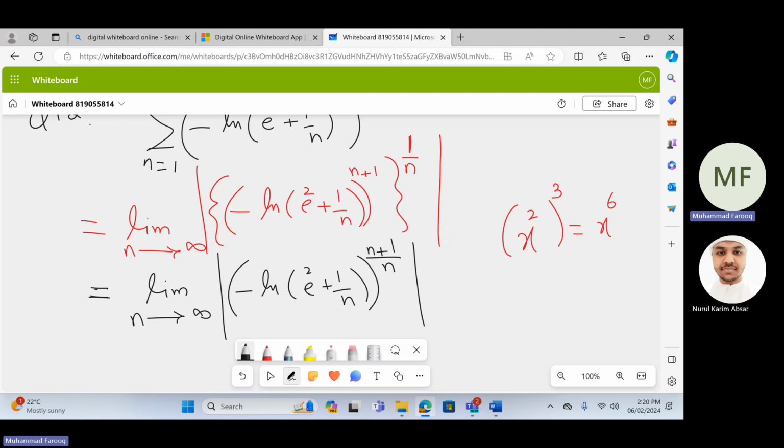Now you can split. What can we separate? Yes, we can break the powers. But before that, you can do one more thing here.